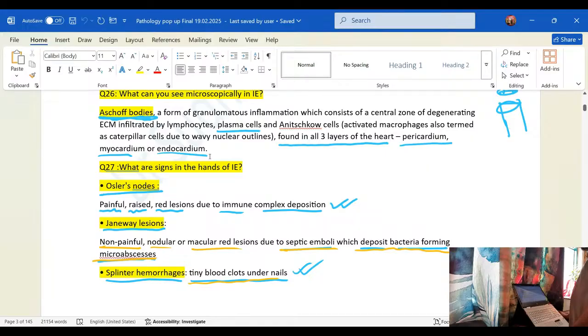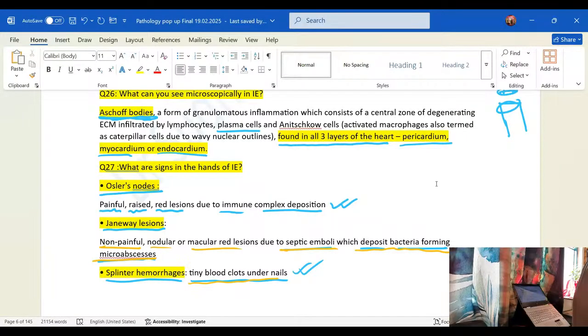I cannot remember this. To put it simply, the Aschoff body is a form of granulomatous inflammation found in all three layers of the heart: epicardium, myocardium, and endocardium.